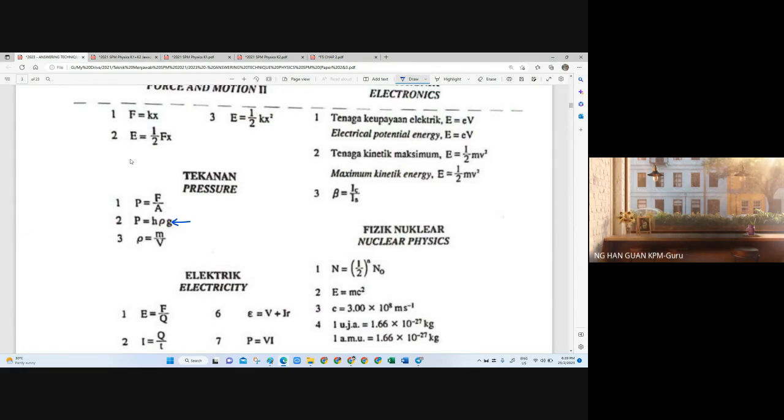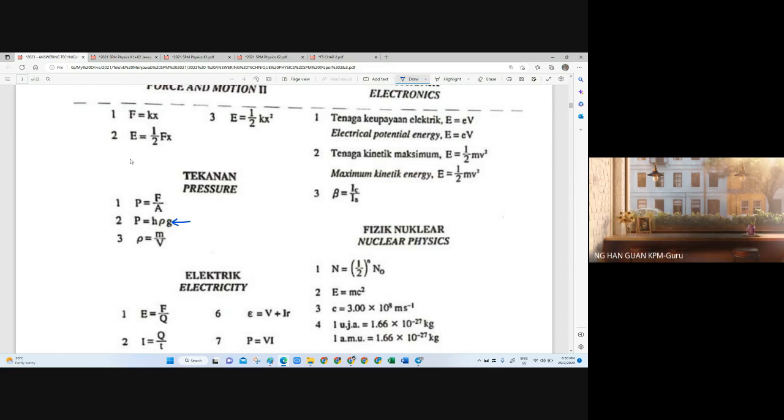There's no formula to determine the pressure of gas or atmospheric pressure, because we can't calculate it. We can only use instruments to help us find the gas pressure and atmospheric pressure. That's why for atmospheric pressure and gas pressure, we learn the calculation based on the instrument, not based on a formula.